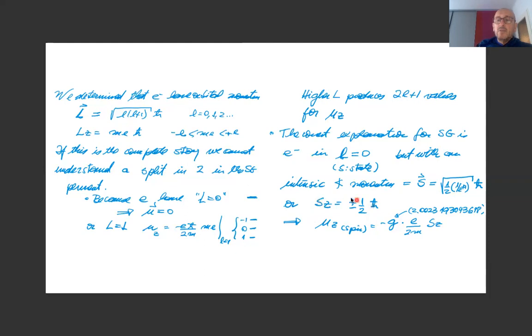The relation between the angular momentum and mu, in the case of the orbiting particle, is minus eh over 2m. This is the Bohr magneton, multiplied by m_l, which is the quantum number that defines the z component of the angular momentum. In the case of spin, we do the same thing.